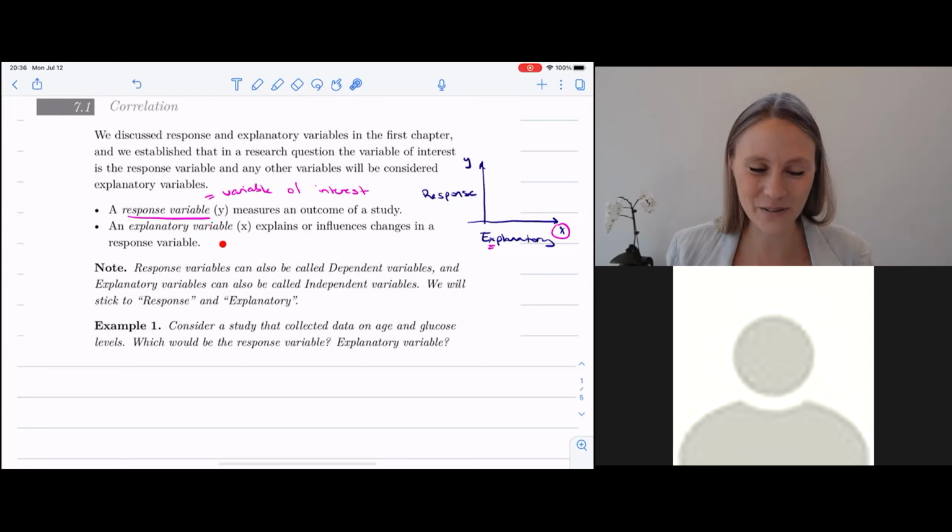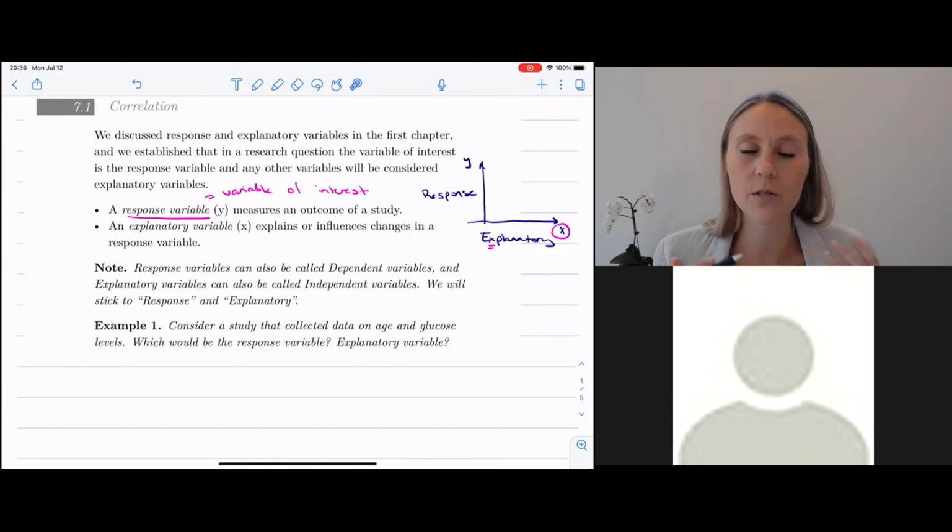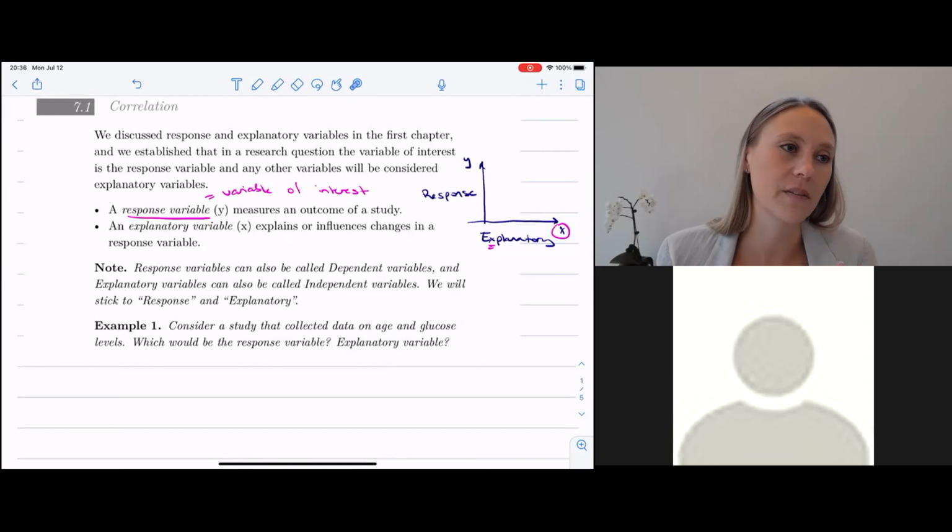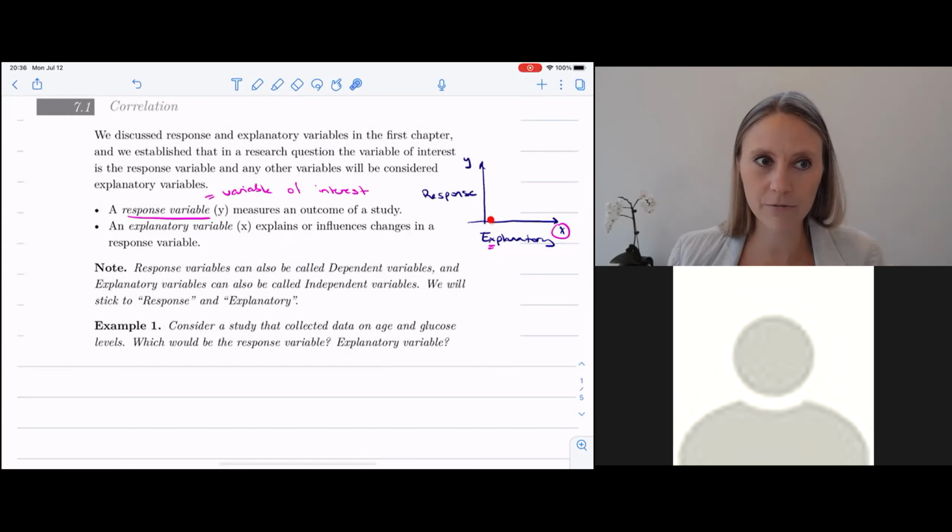So an explanatory variable explains or influences changes in a response variable, right? And so being able to identify the response variable and the explanatory variable is going to be important, especially if we're going to be trying to graph them. It's important to put the right variable on the right axis, of course.